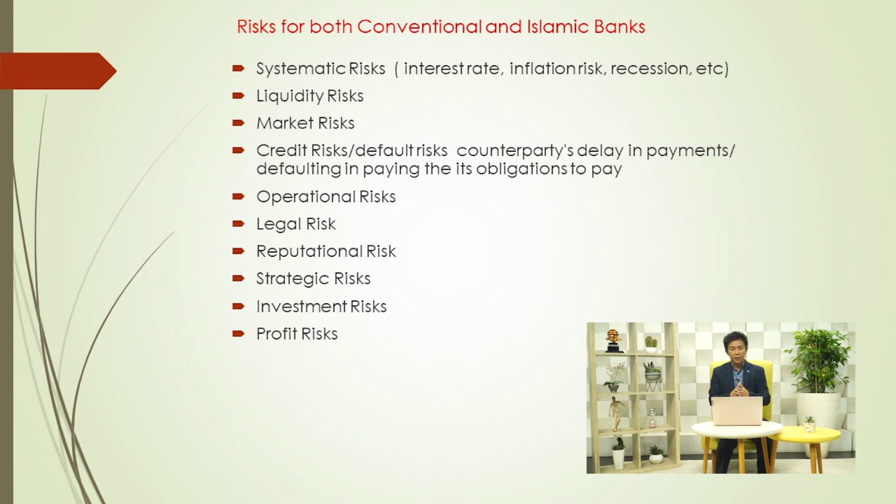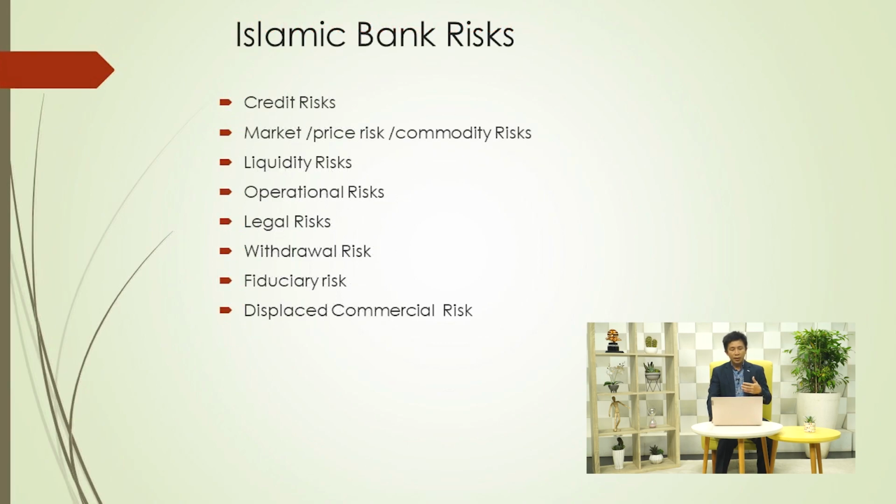These are some of the risks encountered by both conventional and Islamic banks. But for Islamic banks in particular, there are also risks to be encountered, like for example the withdrawal risk. Withdrawal risk is when the depositors withdraw their money from the banks.